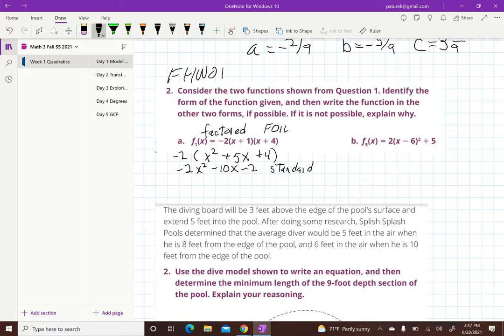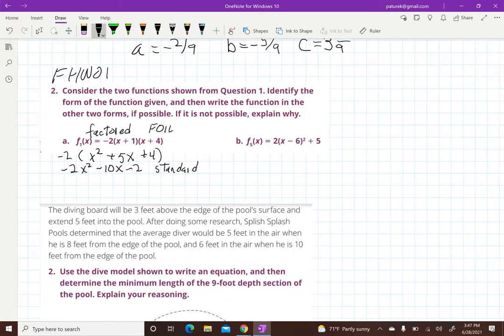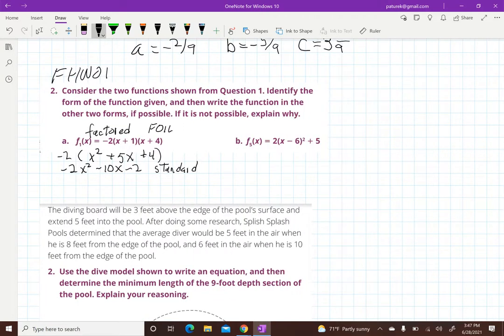To put it into vertex form, I first find the value of the vertex, and that would be -b over 2a is the formula. By the way, I'm not crazy about that minus sign in front of everything. If I were to multiply this equation by -1, I don't think it would make a difference, but we'll just leave it the way it is.